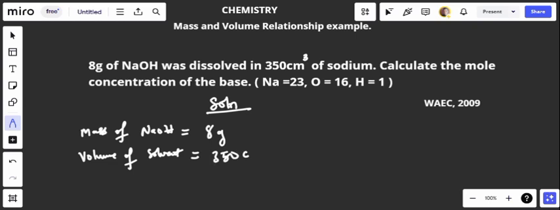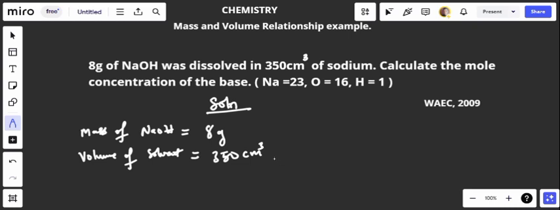350 cm cube. And recall that we normally base our calculations on dm cube, not cm cube, when it has to do with mole concentration. So we are going to convert 350 cm cube to dm cube. And how do we do that?